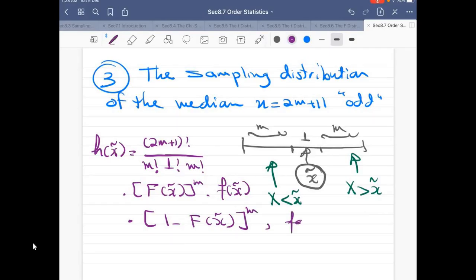Okay, the median will be for minus infinity less than median less than infinity. It will be one of the values of the variable.